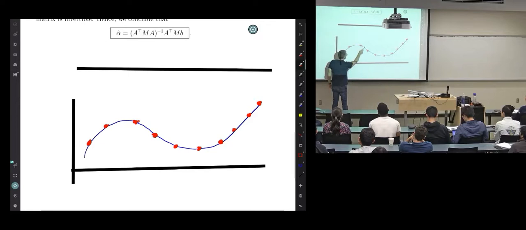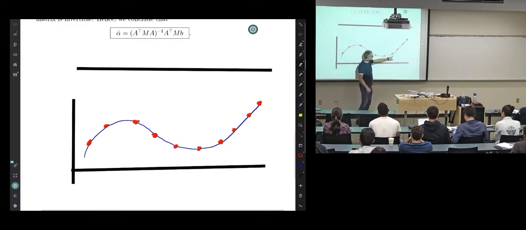Question, next question I've been asking people in office hours. Here's the derivative, here's the derivative, here's the derivative, here's the derivative. Now we're thinking this is the origin because I put an axis here. If I move my axis to here, how did the derivatives change? They don't. What if I move it here, the next point? How does the derivative change? It doesn't. So, what can I do?